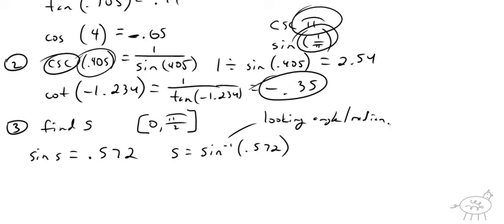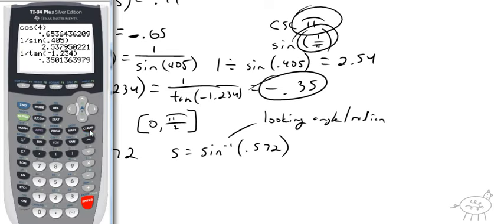Okay? So let's do that on our calculator. Let's clear this here. So it's inverse sine, second sine, that little minus 1 there, of 0.572. Close that, hit enter, 0.61 radians.